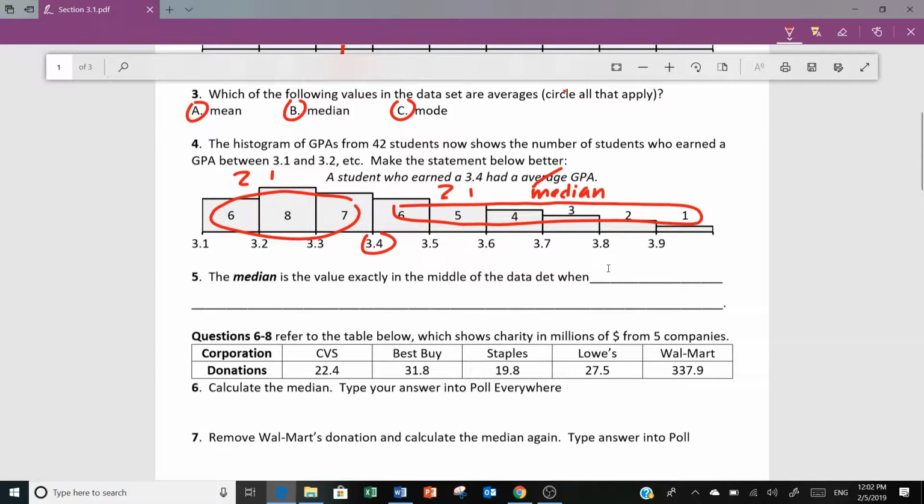Here's a big hint. There's 1, 2, 3, 4, 5 values. Does 19.8 look like a median? Does that look like it's really in the middle? I mean, okay, it's in the middle, but there's some big values here and there's some more median values.